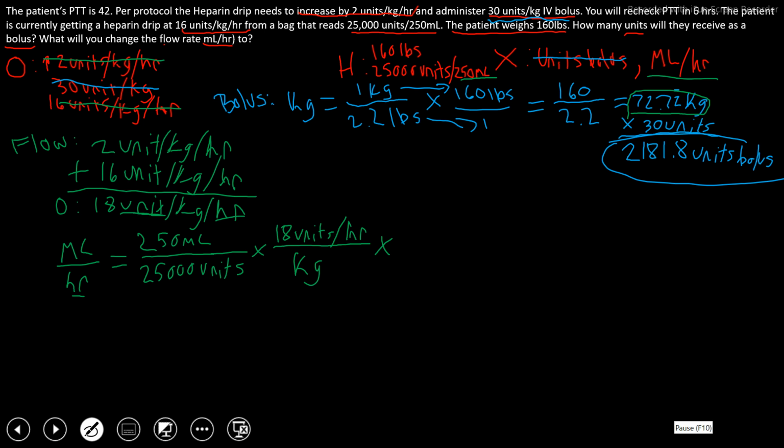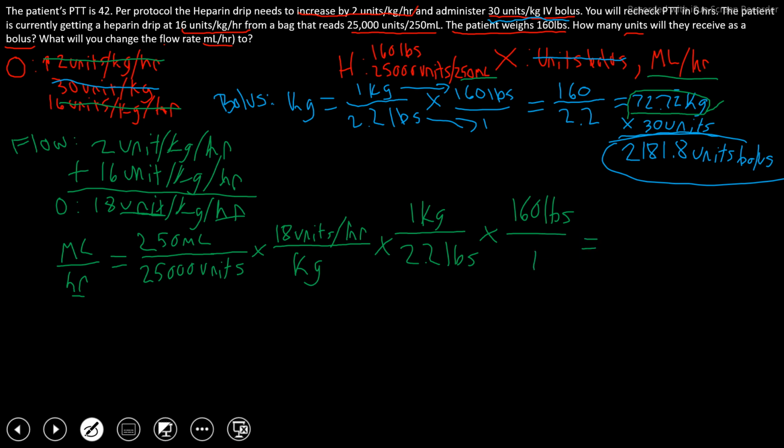I'm going to go ahead and do it like we haven't already figured this out, just in case you get a question like this and it doesn't have you figure that out beforehand. So we have pounds, but we want to go to kilograms, so here's our conversion, 1 kilogram over 2.2 pounds times what we know, 160 lbs, and then we have our placeholder.